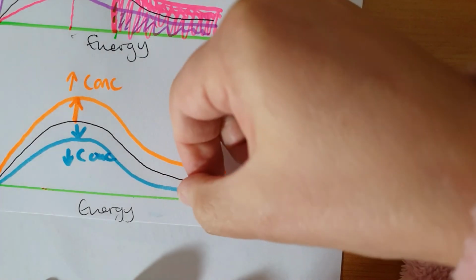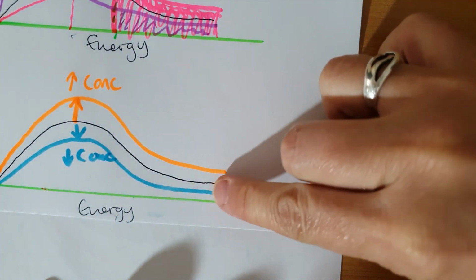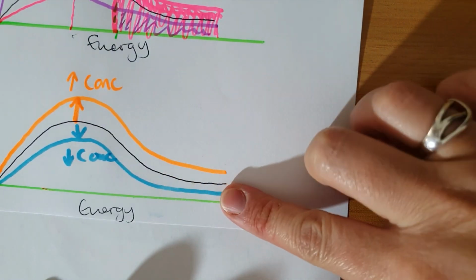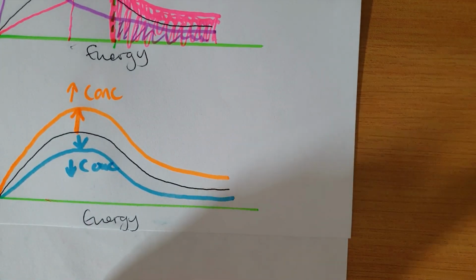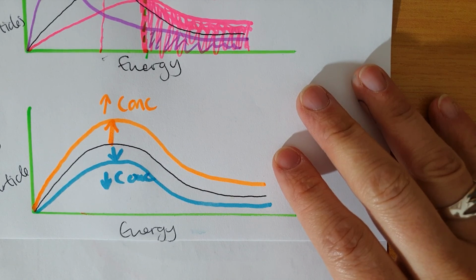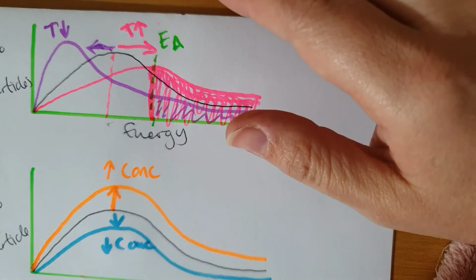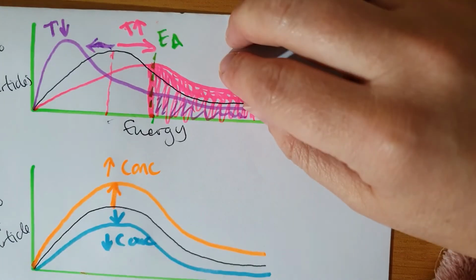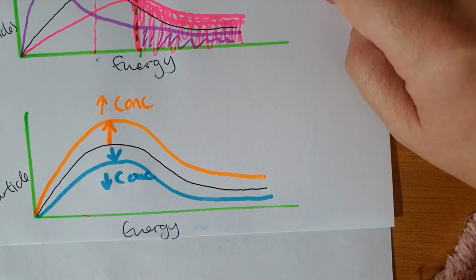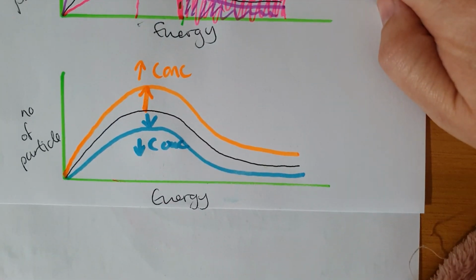Then you can see how the area under that line is quite small compared to the area of that black line compared to the area of the orange line. So that's what makes it increase the reaction rate. I think that's it, because you can only really change your activation energy and your temperature if you're going to do this. If you do the pressure, it's going to do the same thing as this. The pressure and concentration will do the same thing if you've got gases.